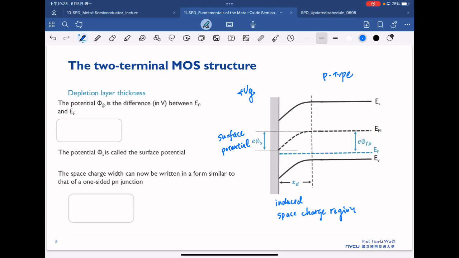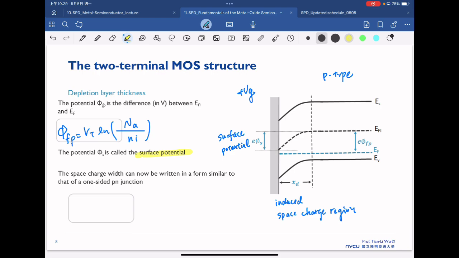So now the phi fp here can be calculated as phi fp is equal to Vt natural log Na over Ni. And then the potential phi s here is called the surface potential.